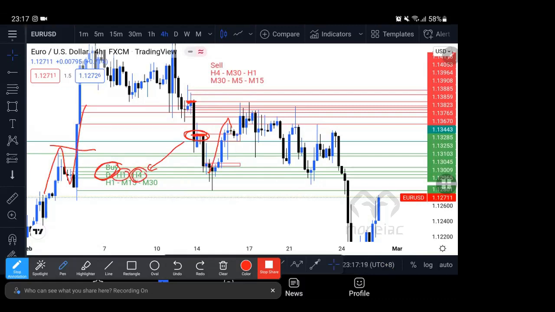So bila dah ada bias, kita tandalah sini. Sini. Tempat ni clear? So untuk bias ni, the price needs to break the structure. Need to break the structure.